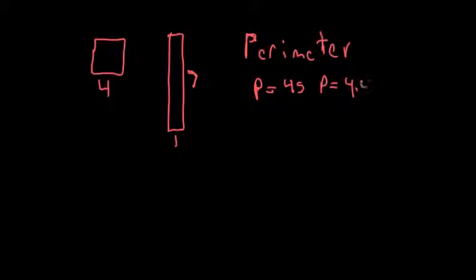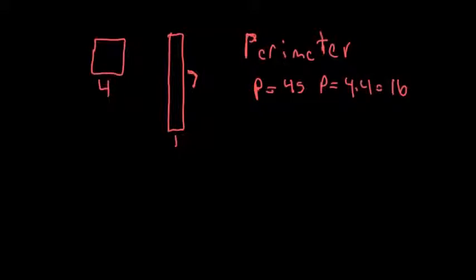Alright, so I have a square here with a side length of 4 and a rectangle with side lengths of 1 and 7. And I want to know which perimeter is greater. So for my square, I'm going to do perimeter equals 4 times my side, which is 4. So my perimeter equals 4 times 4, which is 16.